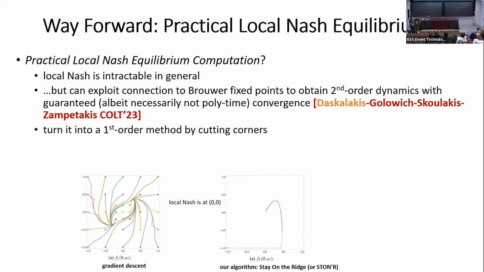So an interesting open question is to do a compromised version of our algorithm, which is not as exact, but only does first order computations. So that's one interesting open question coming out of this work.